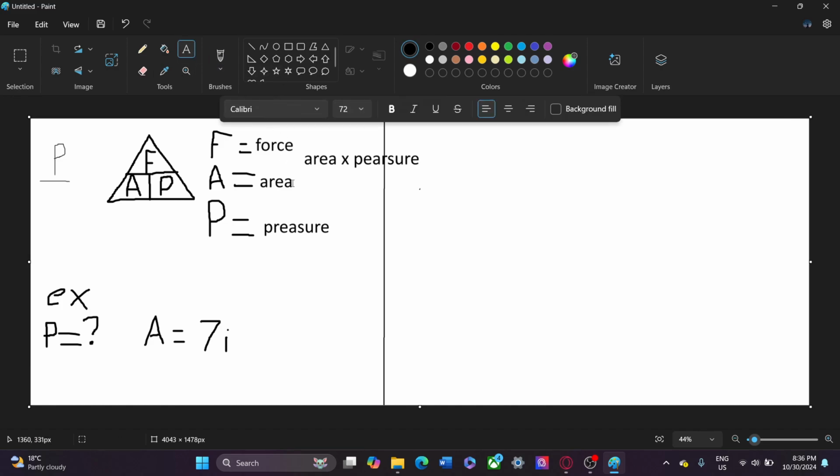Okay. Now our next one. To get area, that equals force divided by pressure.